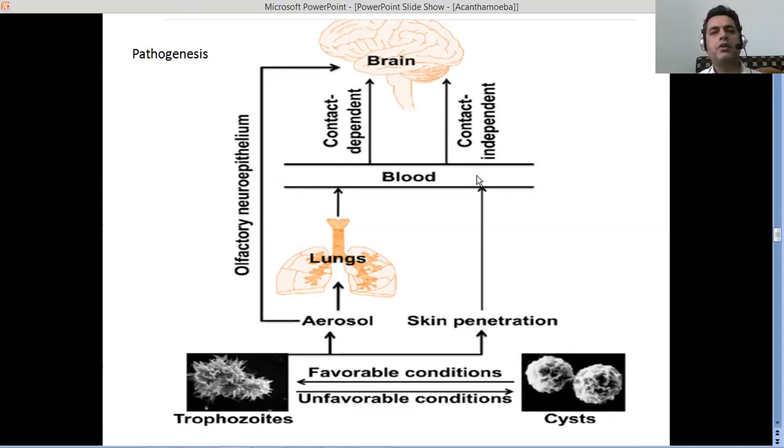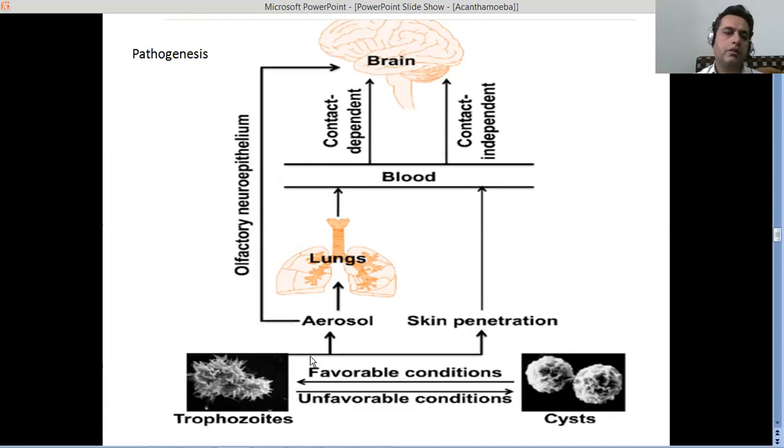How does it cross the blood-brain barrier? It's not very clear. People are still struggling with it, doing lots of different research to find out how this parasite is actually crossing the blood-brain barrier. So the aerosol can get through the lungs or the nose and infect the brain with the help of blood or without the help of blood.